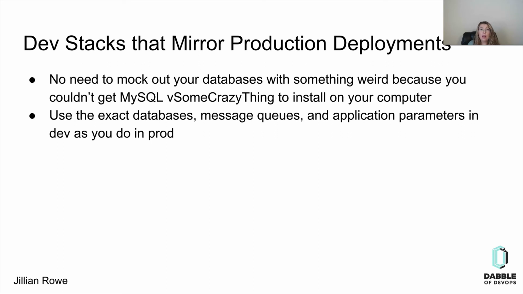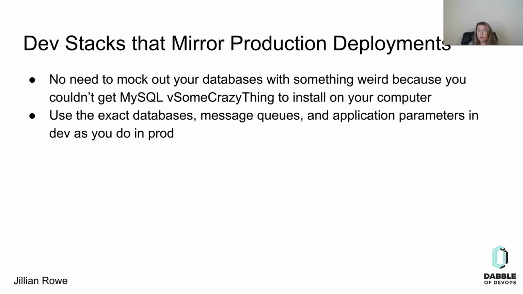So that also allows you to do dev stacks that mirror production deployments. This is really, really cool. Some of the more complex frameworks out there try to set you up with an easy way to bootstrap the setup quickly and easily without having to have the production setup. Apache Airflow is a really good example of this.